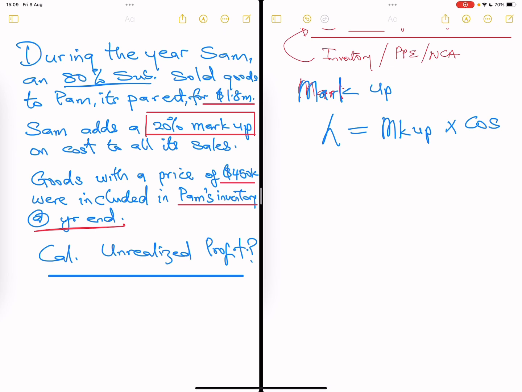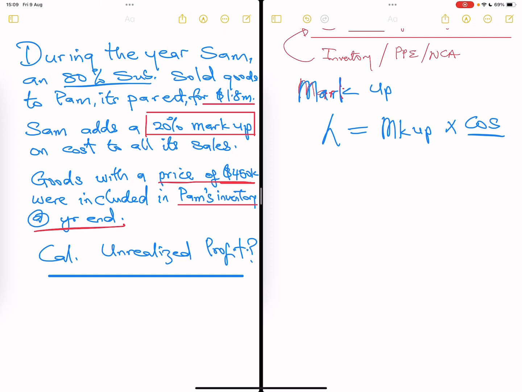But I can see here we have only been given selling price, which is this 450,000. We don't have cost of sales. And for markup information, what we need is cost of sale.